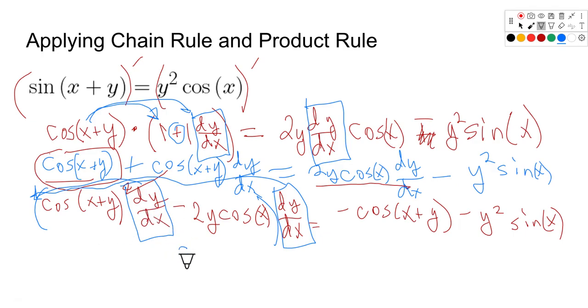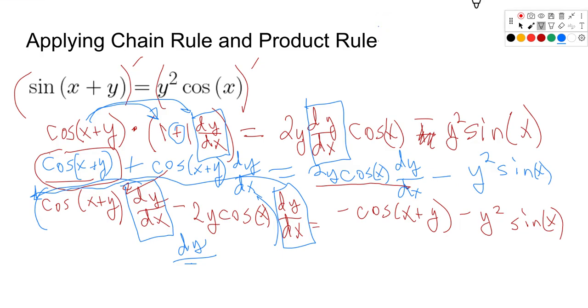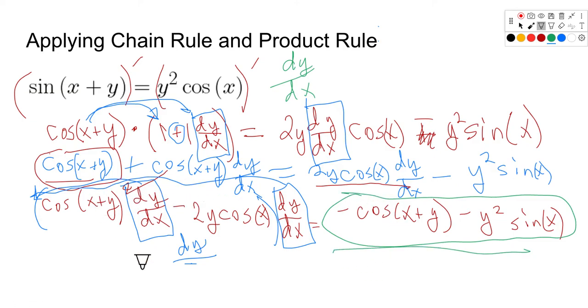So what we get is dy dx, right, that's this part, is going to be equal to this side here divided by the stuff that's left over here.